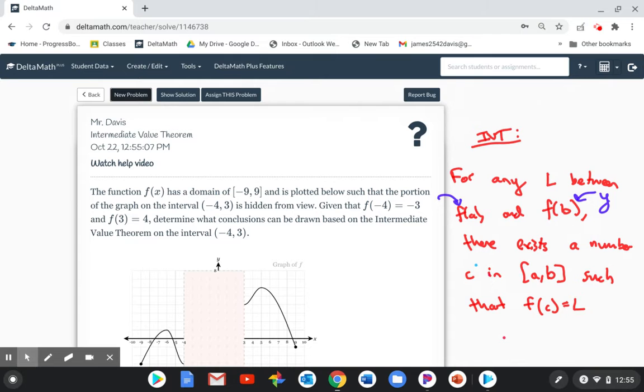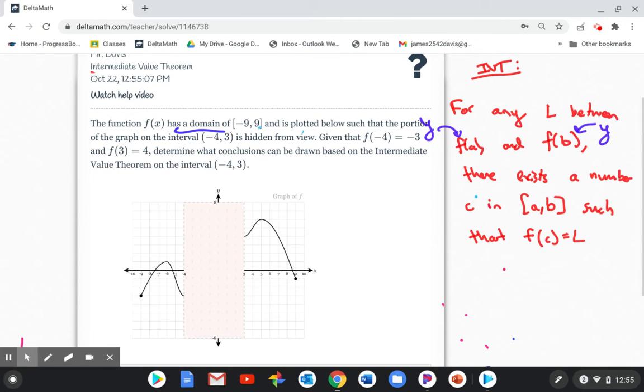Let's try a couple more here. Okay, the next one, the function has a domain of -9 to 9, it's plotted below. Now notice it does not say it is continuous in this one. It will always, I believe, say it right before the domain, where it'll say continuous function or whatever.